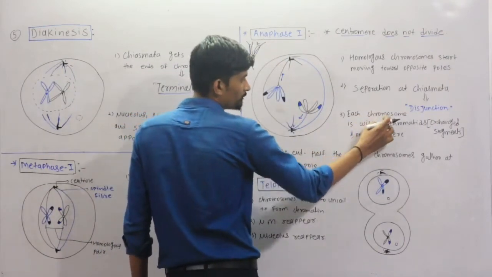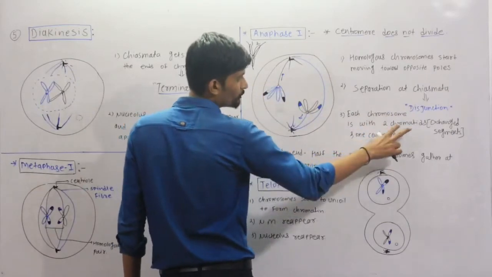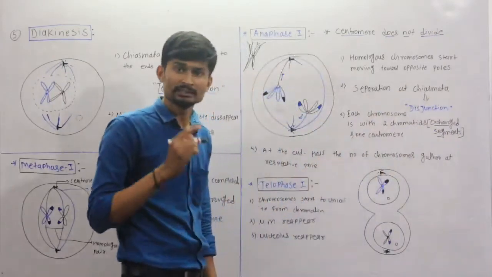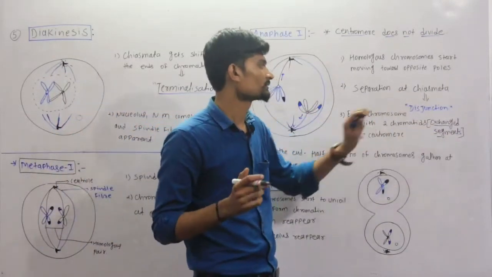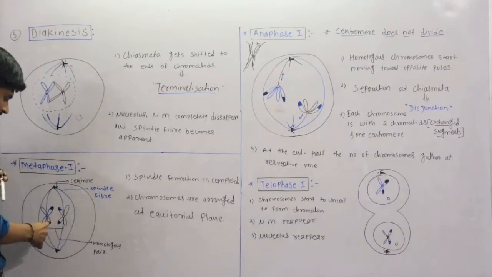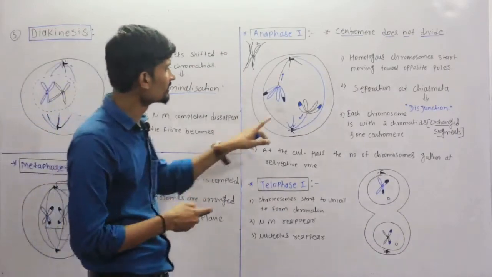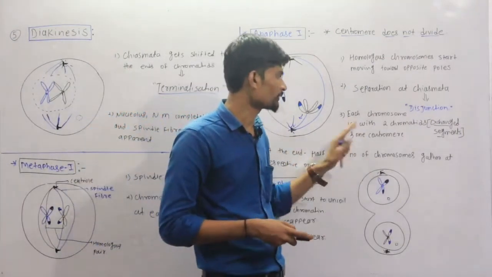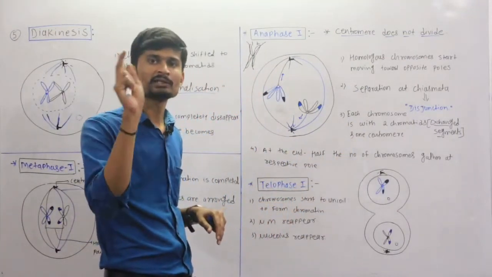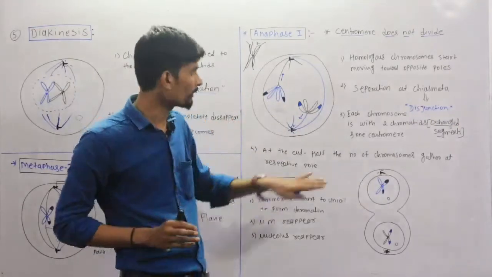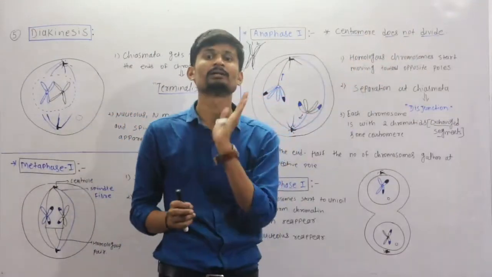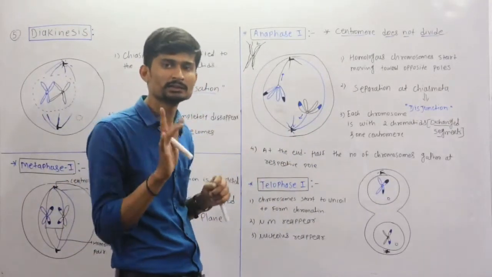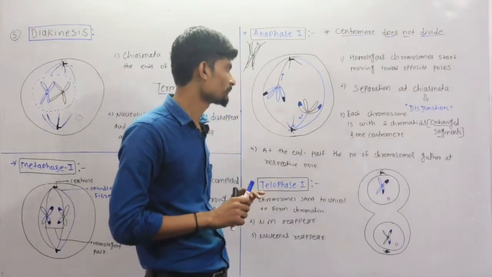That is why each chromosome has 2 chromatids, and these chromatids have exchanged segments. During crossing over they exchange material. And there is one centromere with 2 chromatids, because there is no splitting of the centromere. The centromere does not divide in anaphase first. So one centromere and 2 chromatids at each centromere. This is the third point.